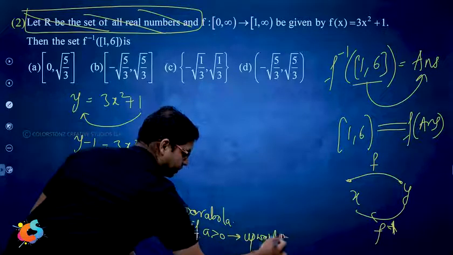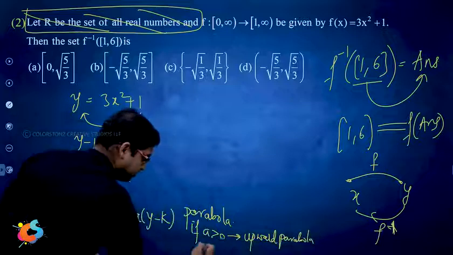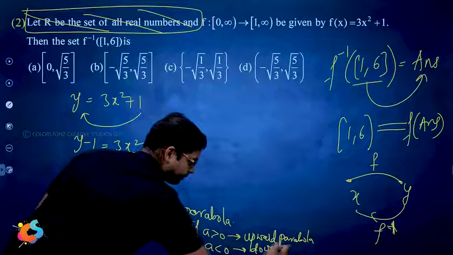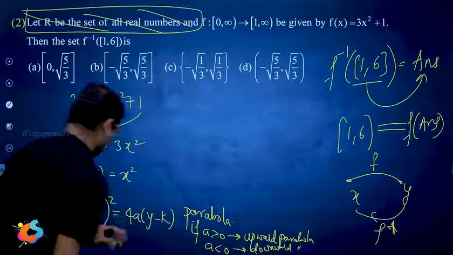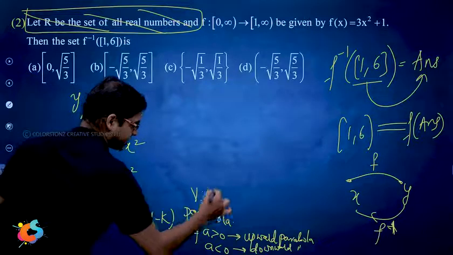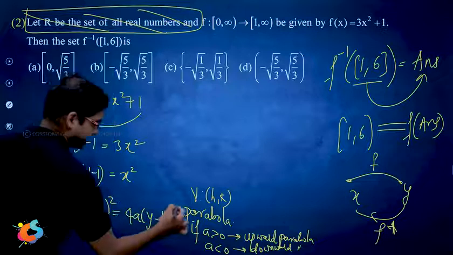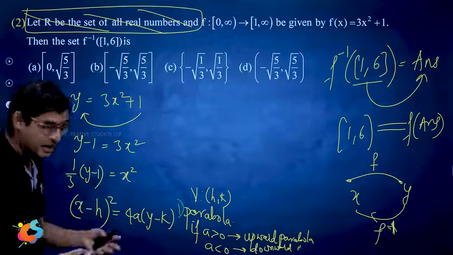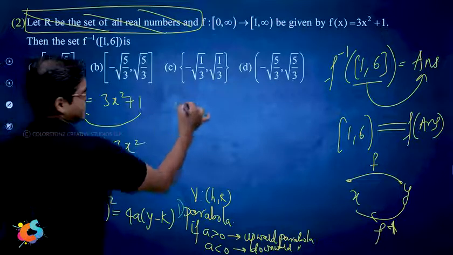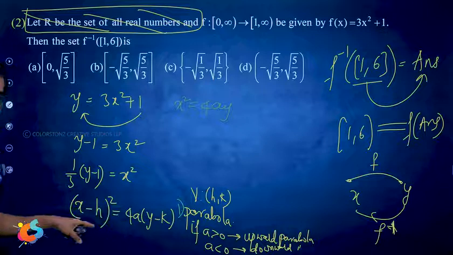And if a is less than 0, then it is a downward parabola. And the vertex will be h comma k. So this is the point number 1 which we remember from the parabola chapter. When you see like this or like this, this is a special case where h and k are 0.